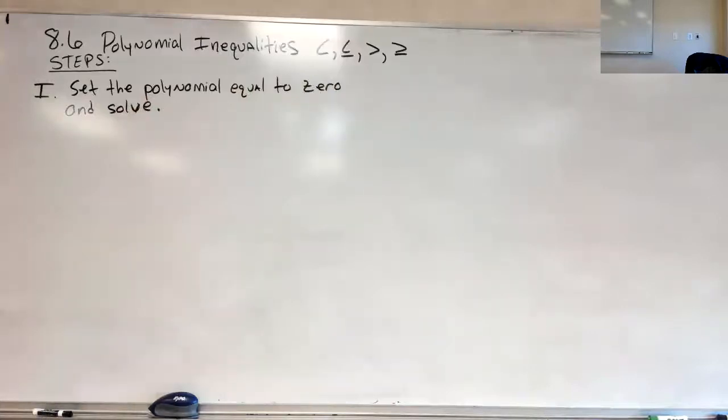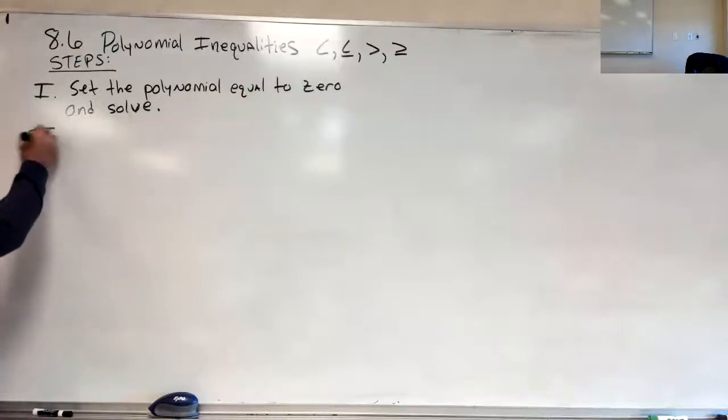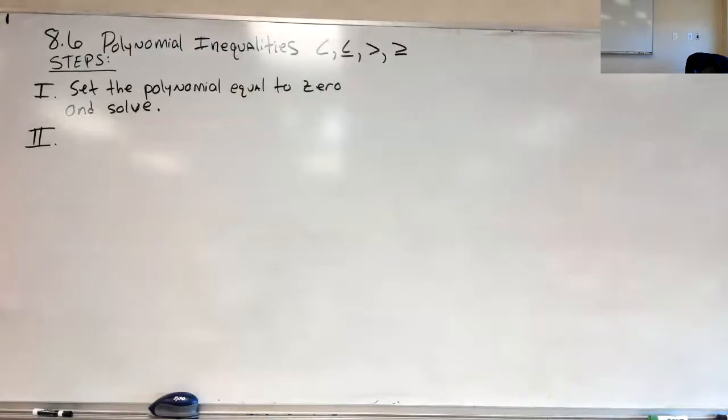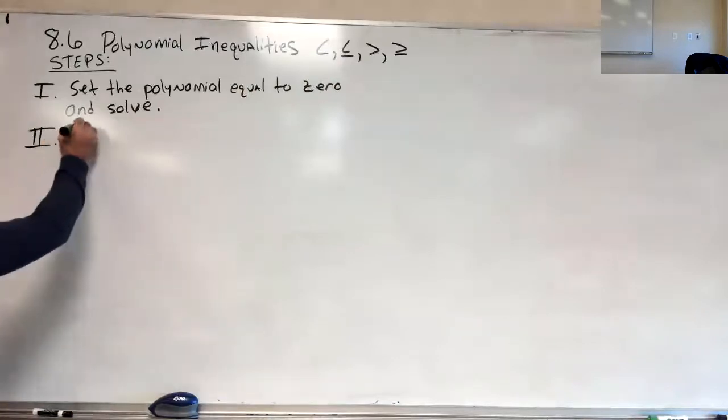And y'all, today we're mainly going to be playing with the quadratic polynomials with the x squareds in them. Okay, so I'm going to set this polynomial equal to 0 and solve it. I'm then going to set up a number line using the solutions.